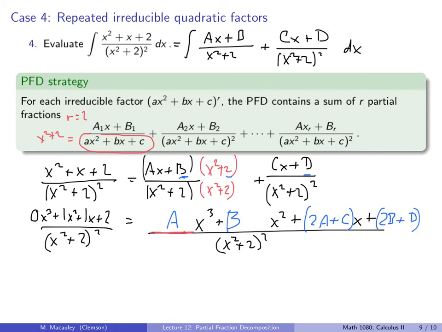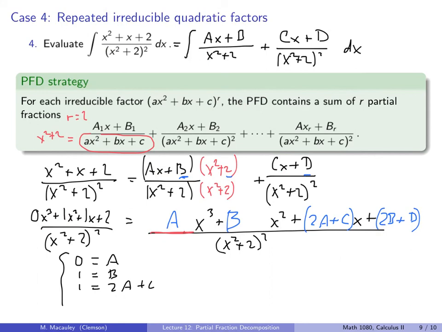So this gives me a system of equations: 0 equals a, 1 equals b. This is easier than the last one. 1 equals 2a plus c.